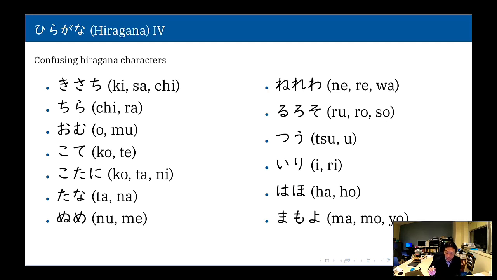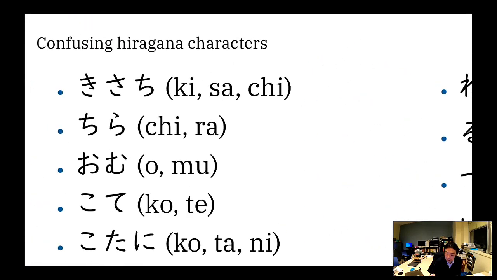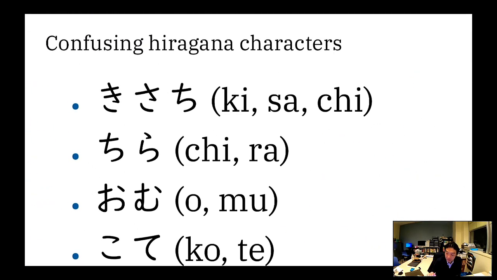Okay, and I need to talk about one more thing, especially concerning this set. I just said this is ki, and this is sa, and this is chi, right? When you look at this, they do not look the same.